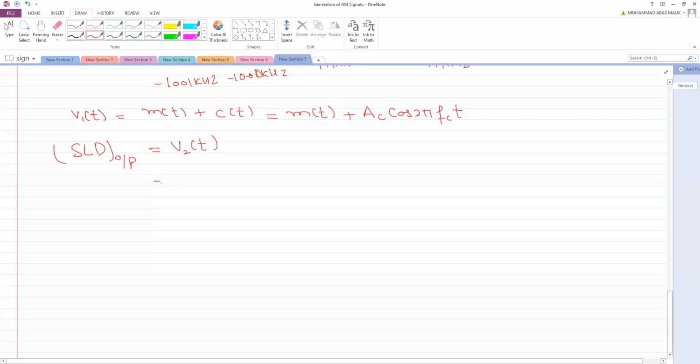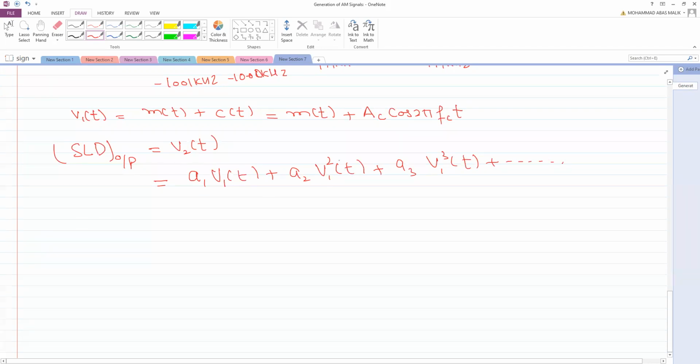We have already calculated this from the square law characteristic: the output in this case will be A1 V1 of t plus A2 V1 square of t plus A3 V1 cube of t plus so on.